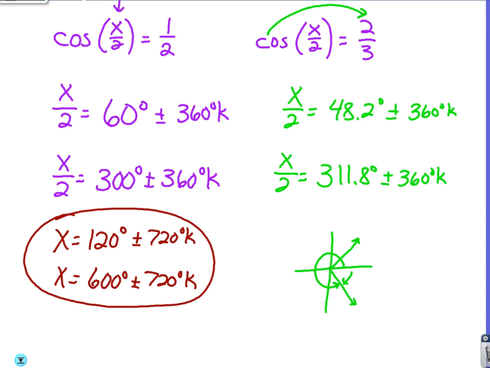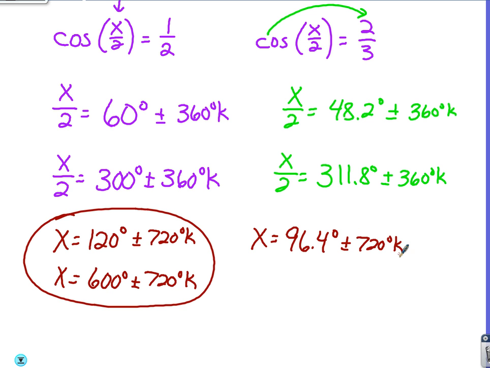But again, we're not finished because we need x by itself. Let's do this one in red as well. So therefore, x would have to equal 96.4 plus and minus 720K, or x would equal 623.6 degrees plus and minus 720K.